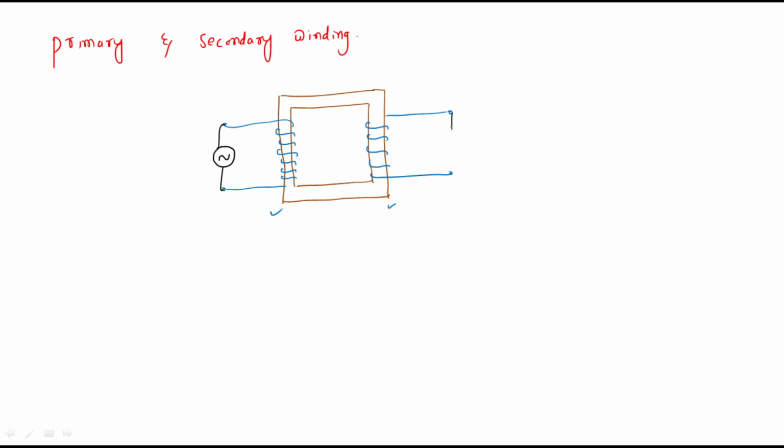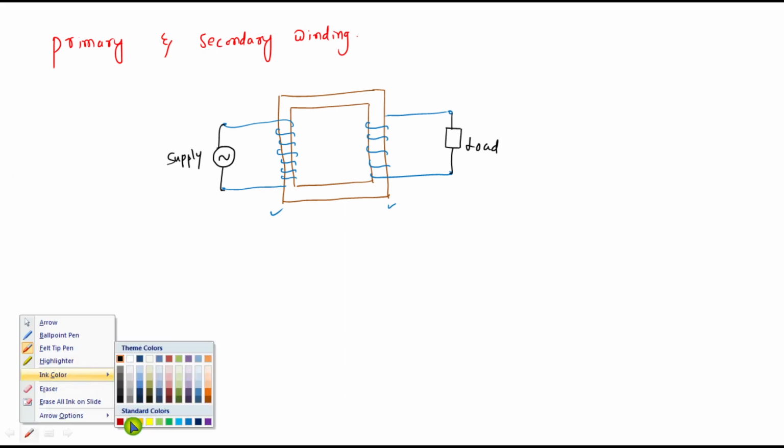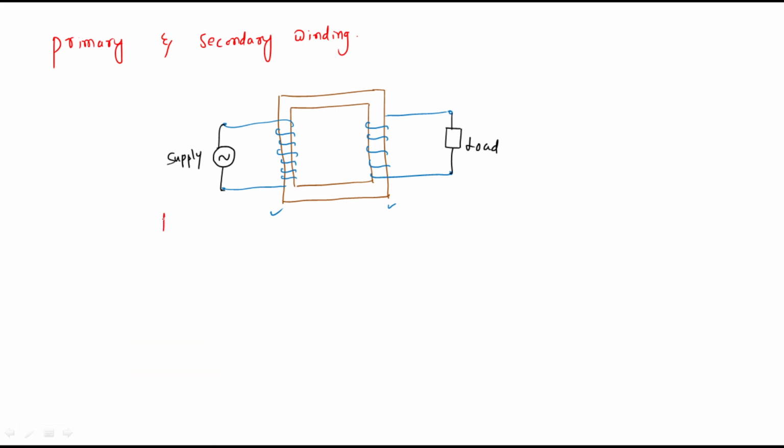Like that, when we have a load across any two terminals, that winding is called secondary winding. So we have a supply voltage across these two terminals, therefore this winding is called primary winding.